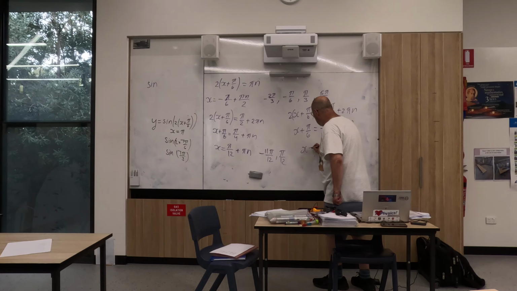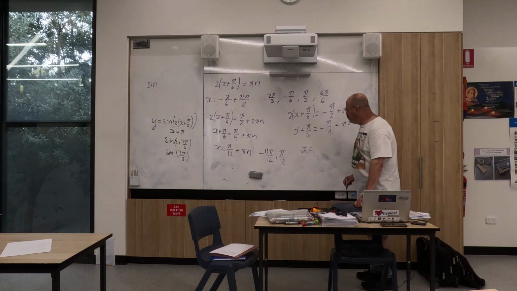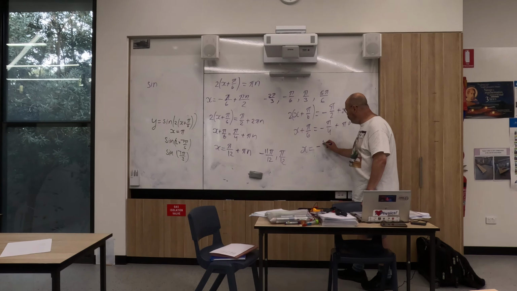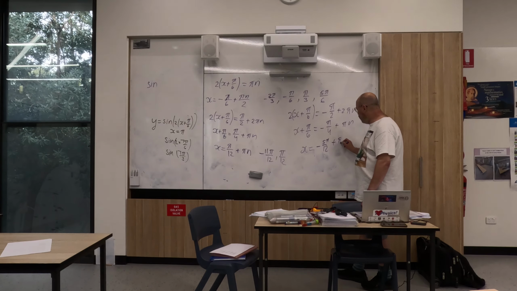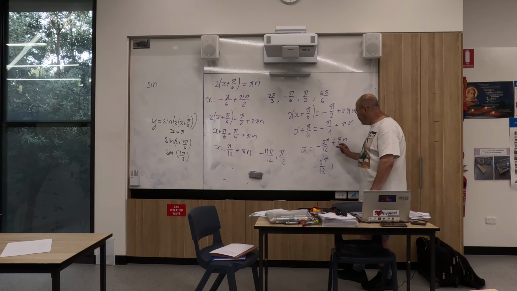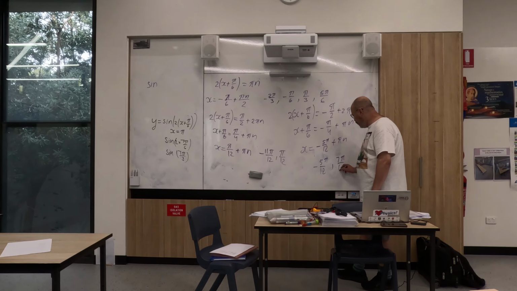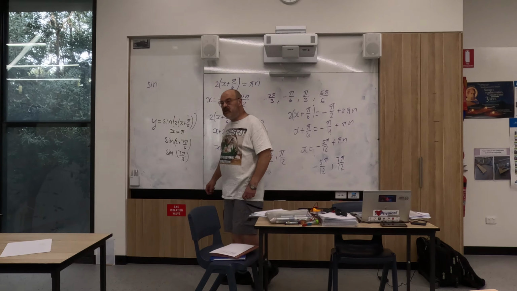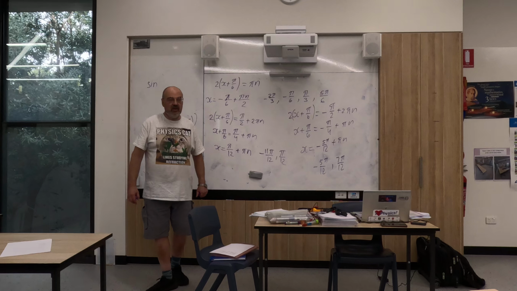So x equals minus pi on 4 plus pi on 6. We have 3 over 12 minus 5 over 12, negative 5 pi on 12 plus pi n. So we have negative 5 pi on 12 and another, 7 pi on 12. So that's what we should do at the beginning to find all those points. Then we can sketch the graph properly.